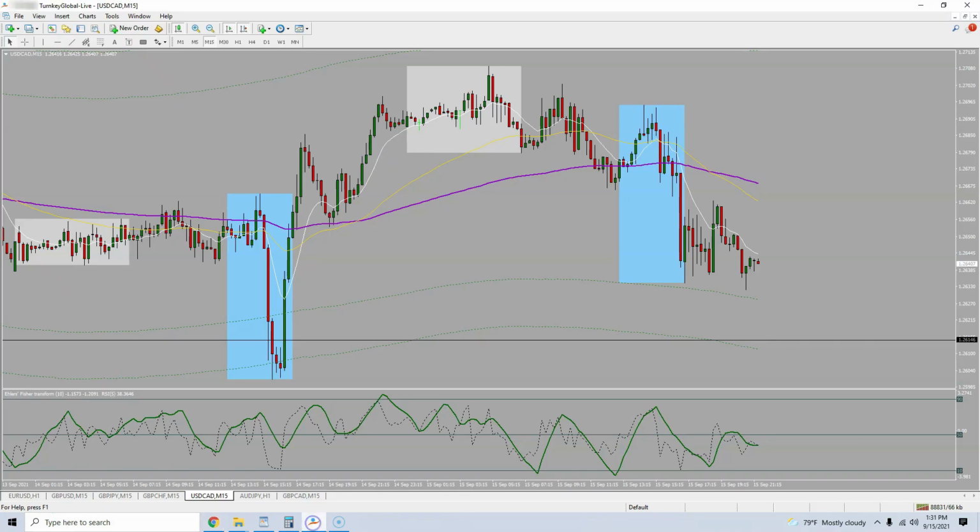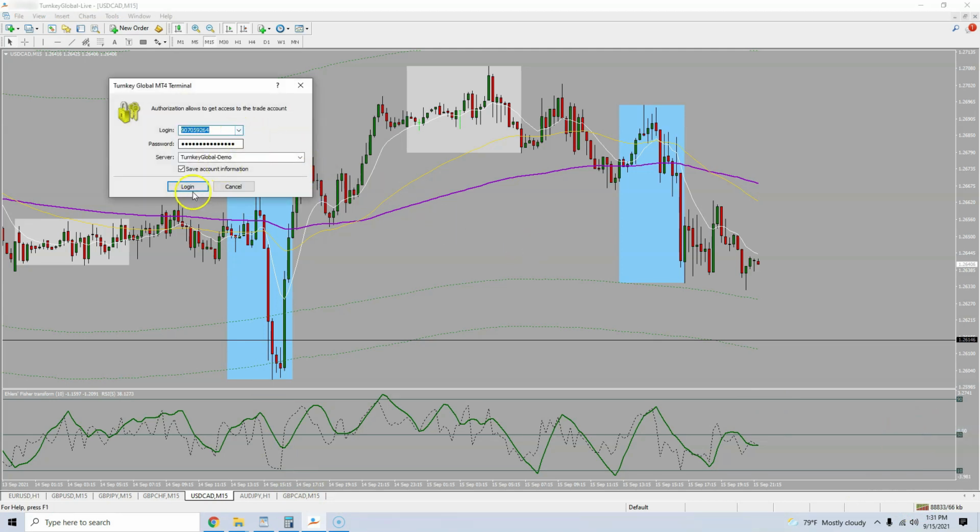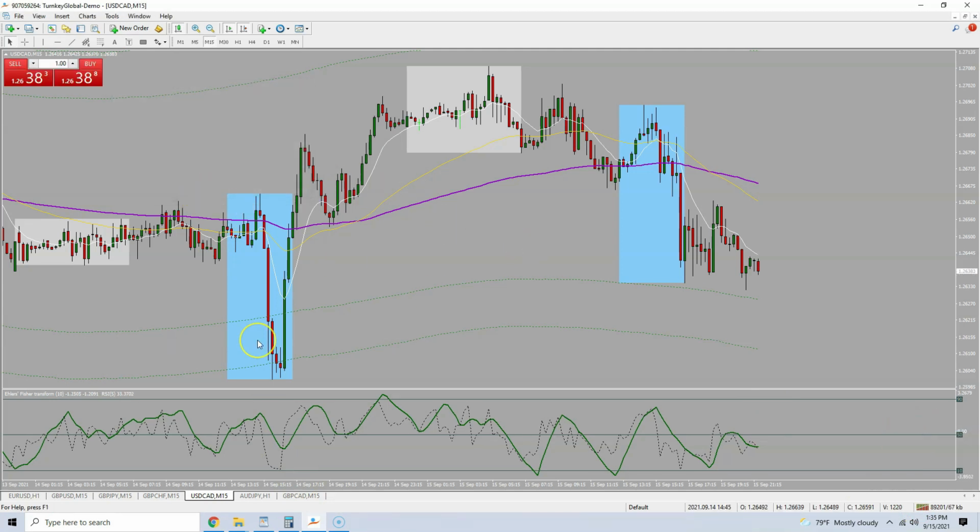Okay, let's go to the chart, and let me log into my demo account so that I'm not taking a trade on a real account. Okay, so I'm in my demo account now, and I'm going to take a trade, which I would never take at this time of day. That's why I wanted to do this on demo. Right now you see this 37 and 38. That is a spread.